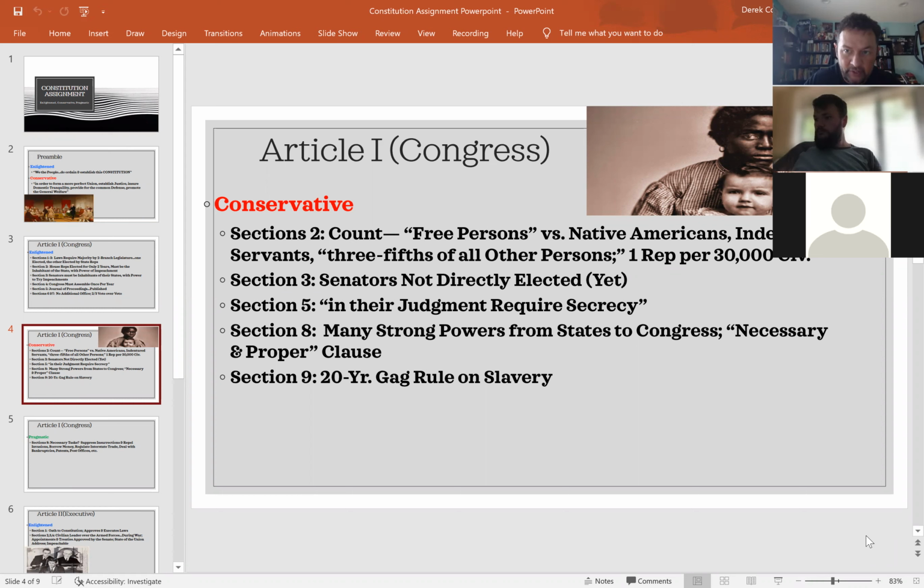The 3/5 clause, that a slave is to be considered 3/5 of a person concerning taxation and representation, to determine how many reps are elected in the House by population. Because remember, it says it shall not exceed one for every 30,000. One voice for every 30,000 civilians. That's pretty conservative, right?